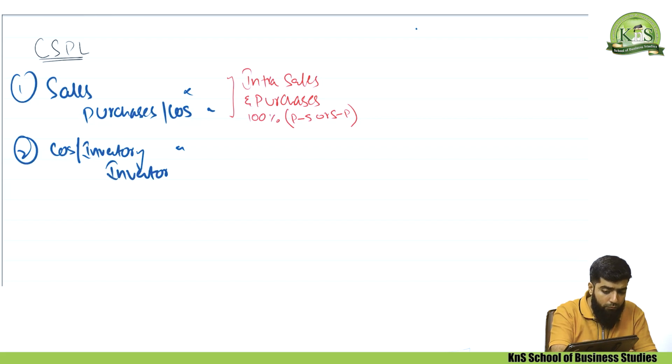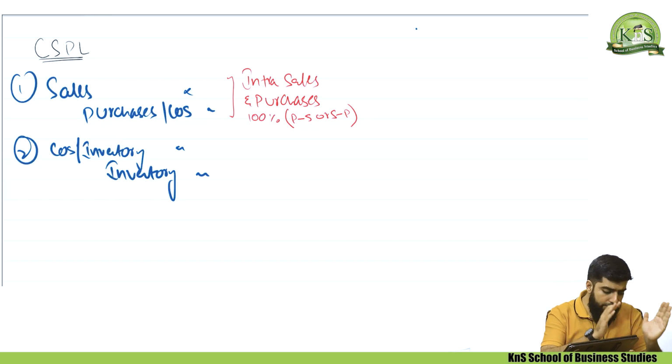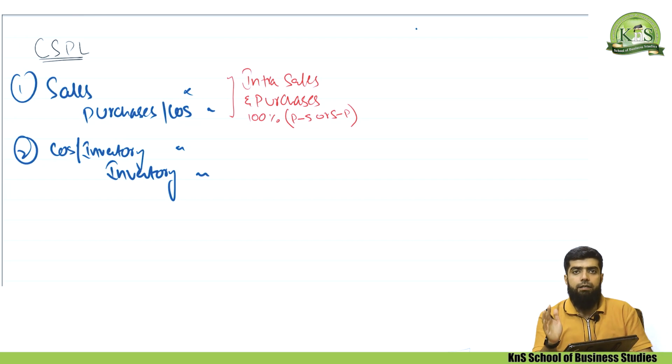Now, what is that cost of sales? We all know that if the subsidiary or the parent company sold goods to another company, for example, the subsidiary sold goods to P, then that unrealized profit is in the books of the subsidiary company, which means in its sales.